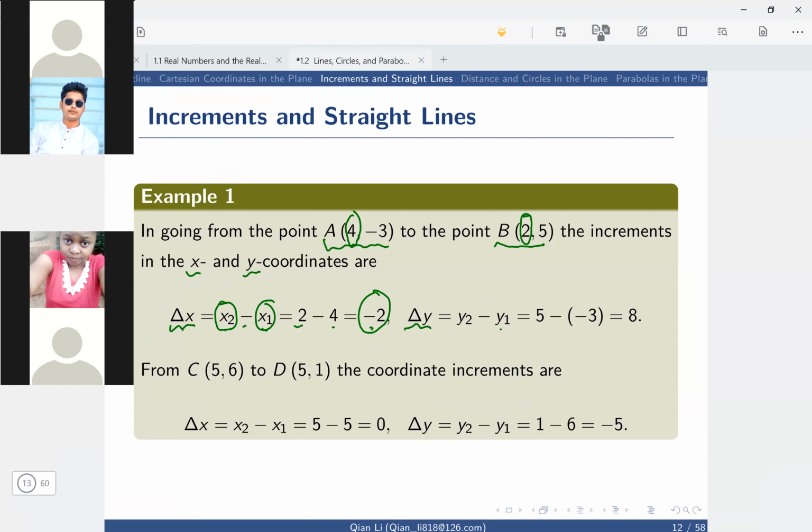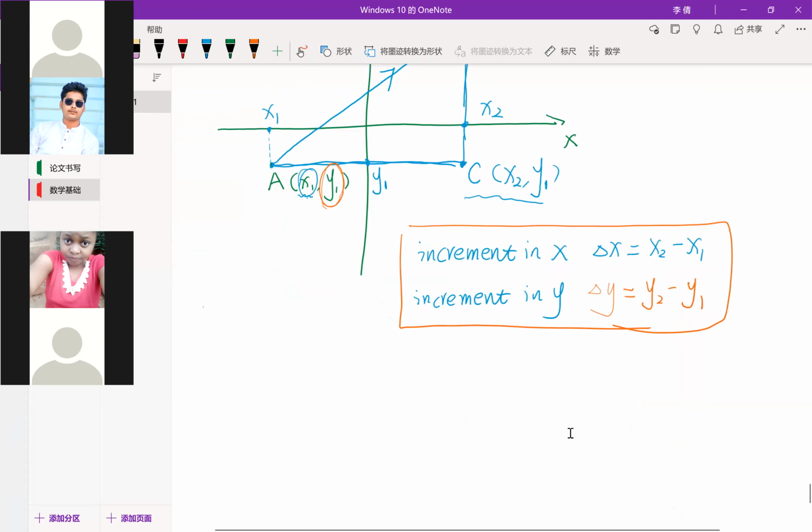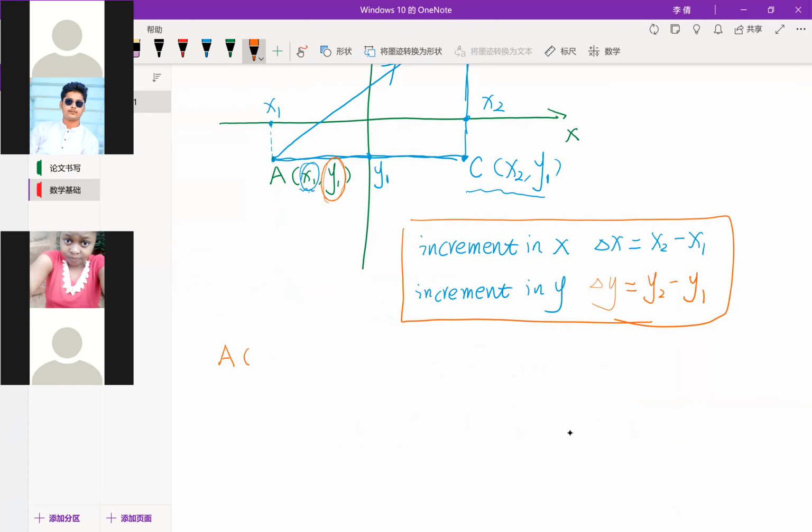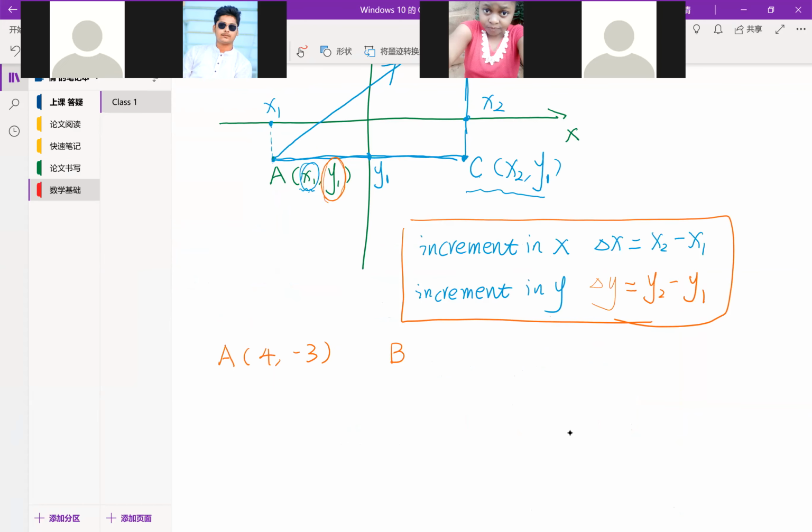If this particle moves from point A to point B, and the ordered pair of point A is (4, -3), and the ordered pair of point B is (2, 5). Let me see, the point B is (2, 5).